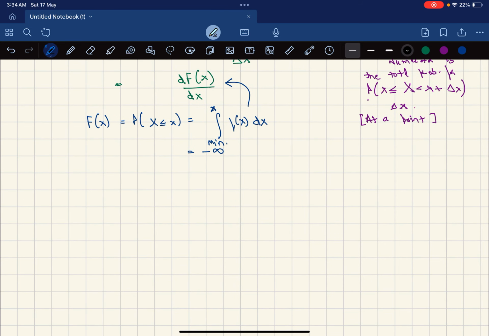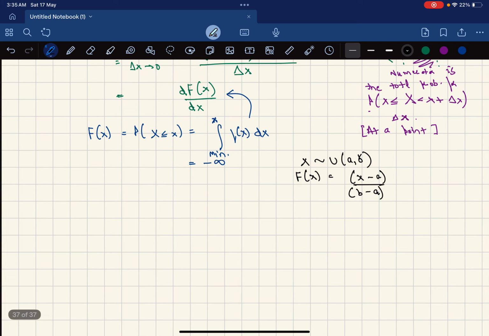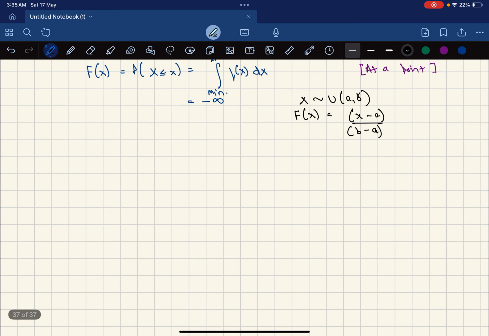Now let us try to get the PDF from the CDF for a uniform distribution (a, b). We know the CDF already, which was derived in the previous session, as (x minus a) upon (b minus a). If we differentiate this expression with respect to x, we do dF(x) upon dx, which is equal to small f(x), the PDF.